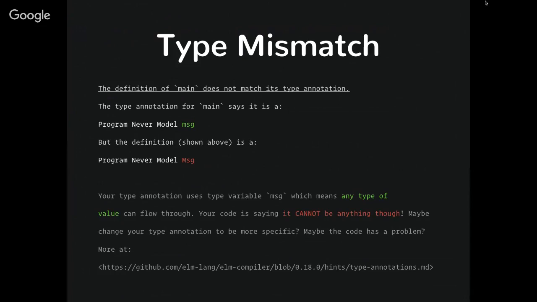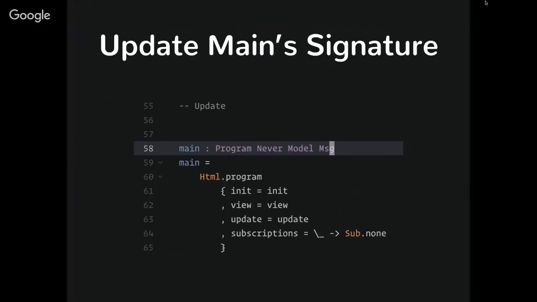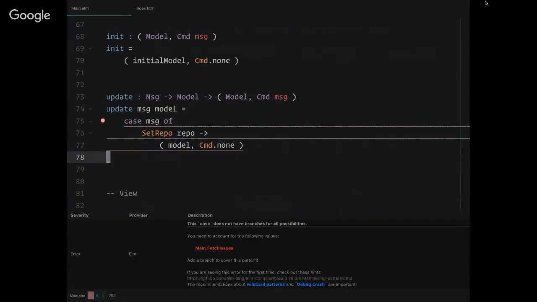And it still thinks it's looking for any type. And it's saying it cannot be anything, even though you're trying to tell me that it can. And it even gives you this nice little link down here, which explains everything to you. So that's pretty fantastic. So all we have to do is update the type signature. And now it says you need to account for the following values.